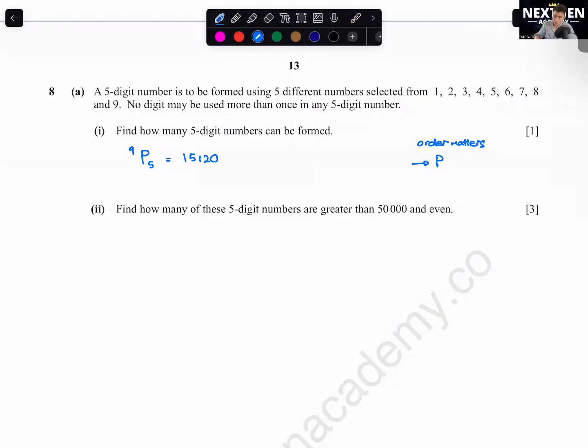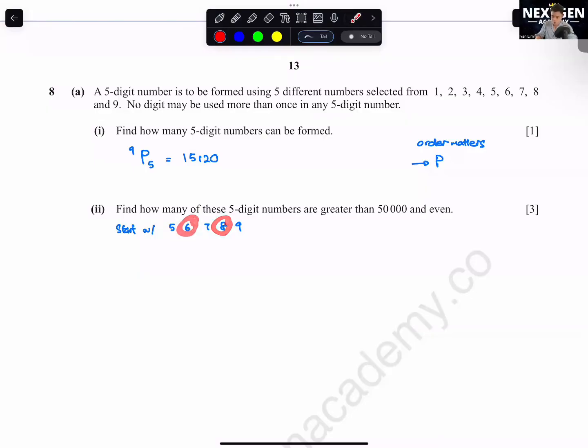Right? So I can start with 5, 6, 7, 8, 9. This is the first condition. However, if it ends with even number 6 and 8, that means I have to select another scenario where it starts with 6 and 8. After I use either one of the numbers, my last digit, I cannot use 6 and 8 anymore.